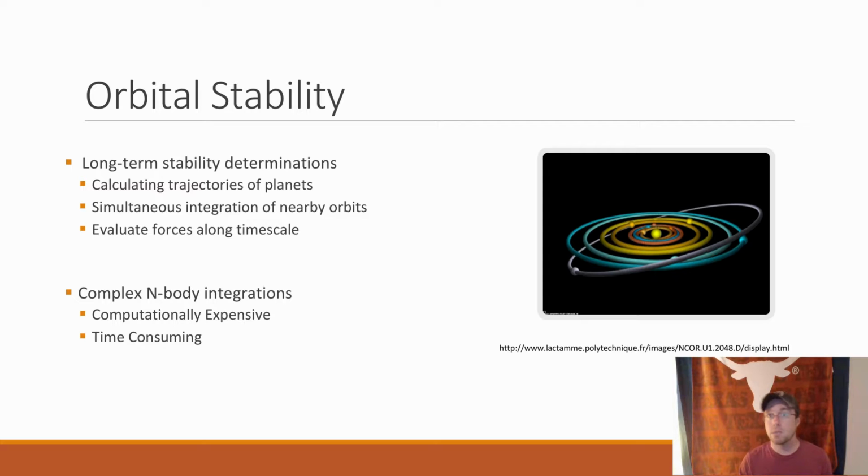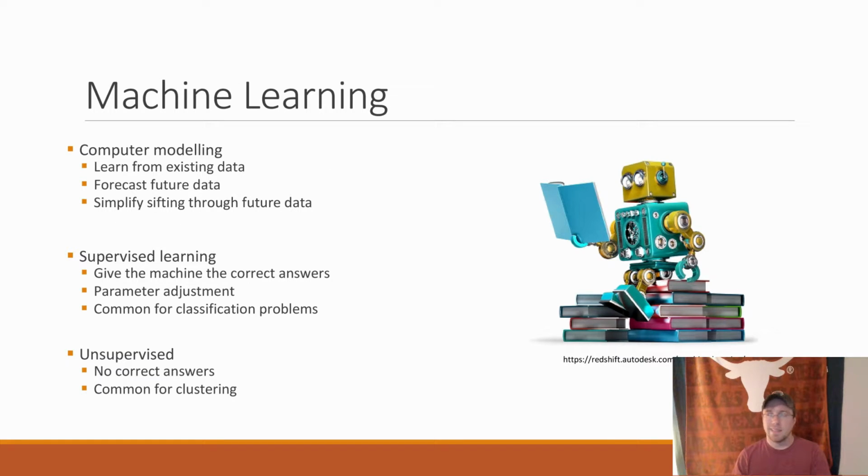For some recent Kepler data, the simulations along a sufficiently long time scale took a couple of weeks. In another instance, to simulate orbits across a 5 billion year time period, it took 6 months on a supercomputer, on the Jade supercomputer. This type of complexity and effort involved in these N-body integrations is really what led the authors to looking at using machine learning to do the simulations instead.